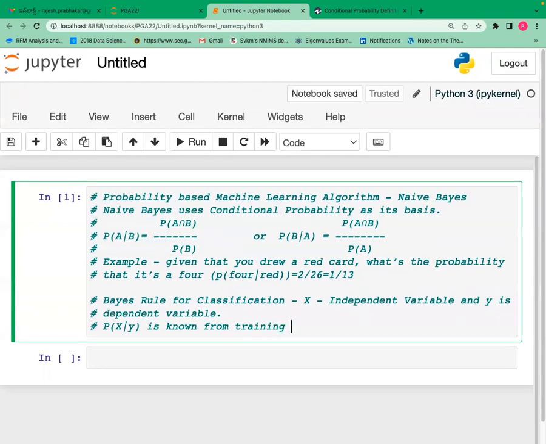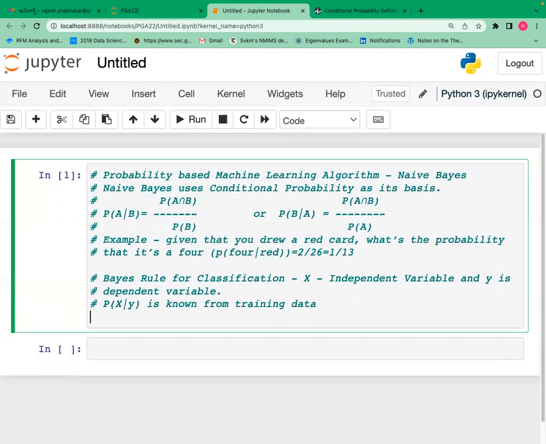The probability of X given Y has already occurred is known from our training data. The probability of Y given X is what needs to be predicted. The probability of Y given X has already occurred is your prediction.